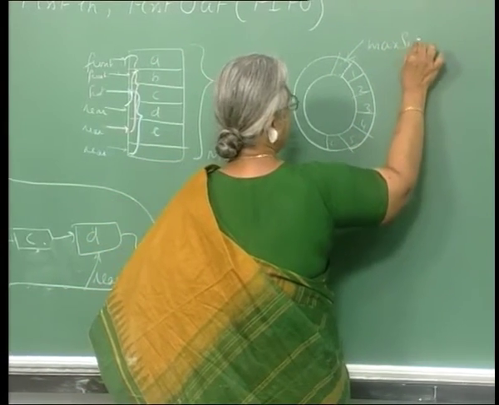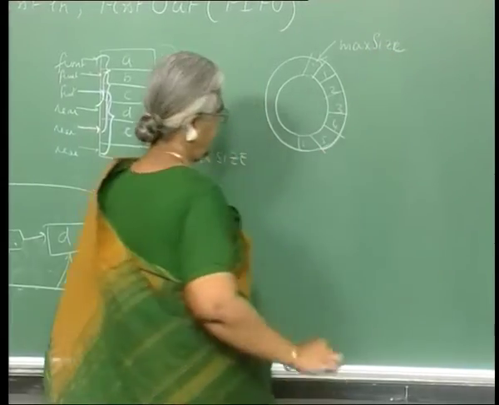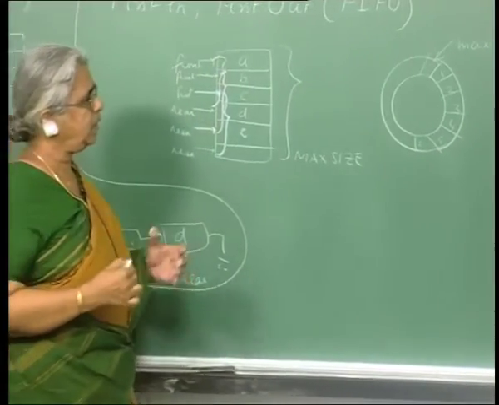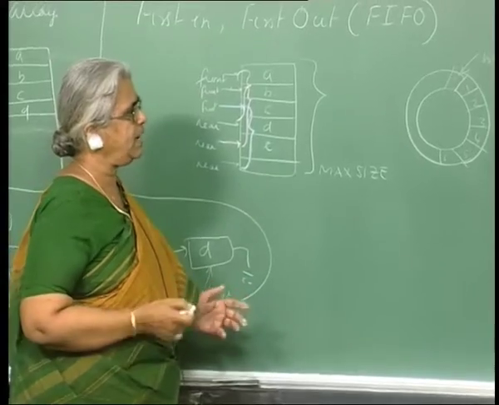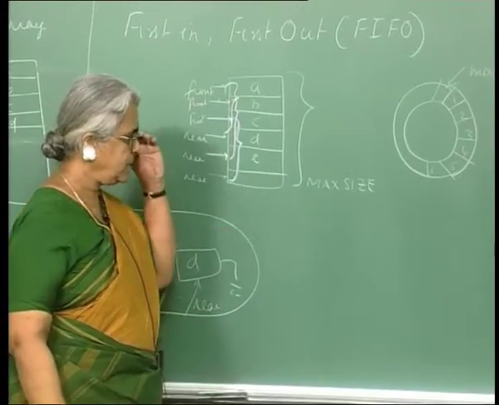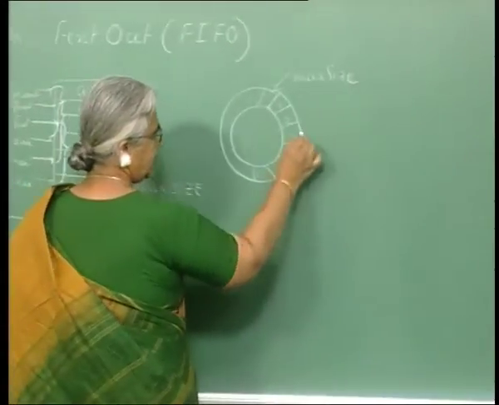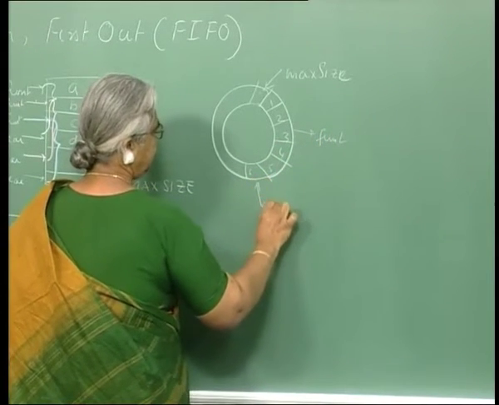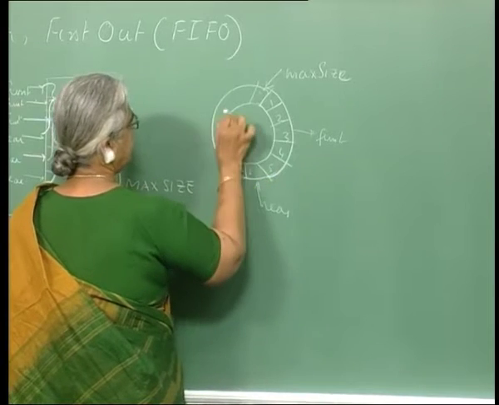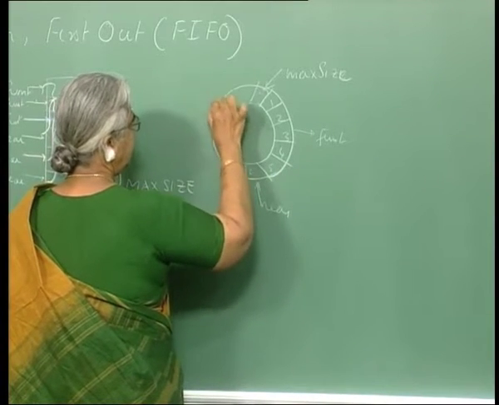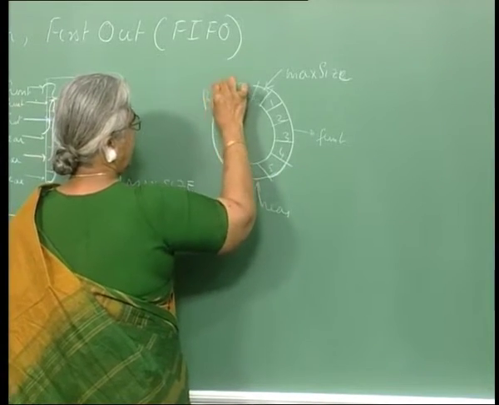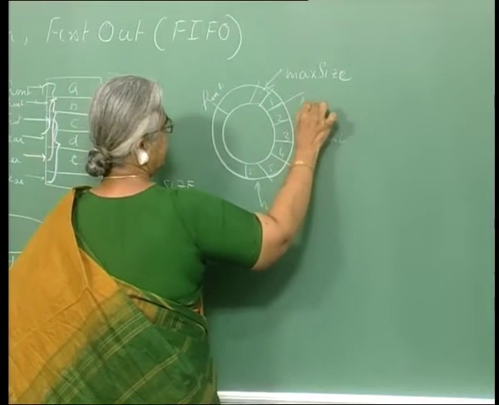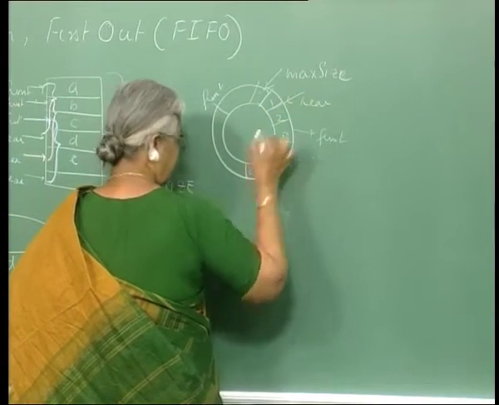This is still an array implementation, but we do what you call a logical tying of the front and the rear of the queue. So, what is the meaning now? If this is front here, this could be rear here, and it could also happen that this is front and this is rear.